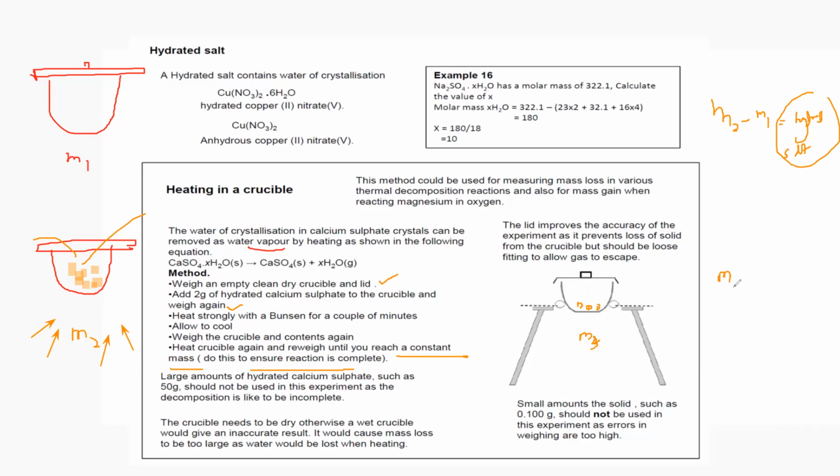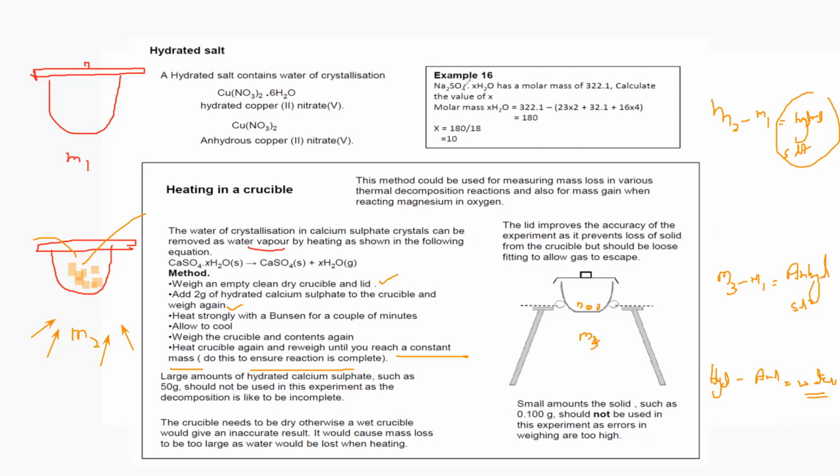So when we do M3 minus M1, we get the mass of the anhydrous salt. How do we know the mass of the water? Hydrated salt minus anhydrous salt gives the mass of the water which is lost from it. And from the mass of the water we can work out the moles, and we can use the mole ratio to know how many water molecules are there.